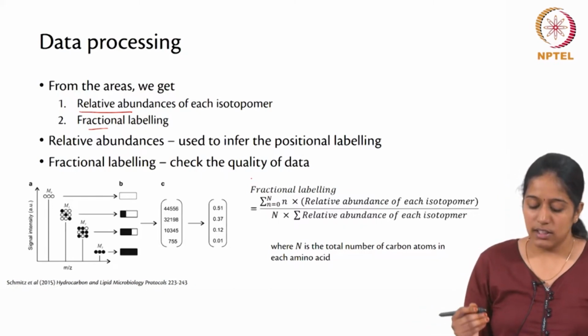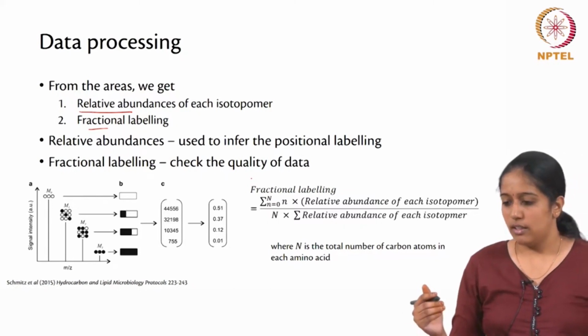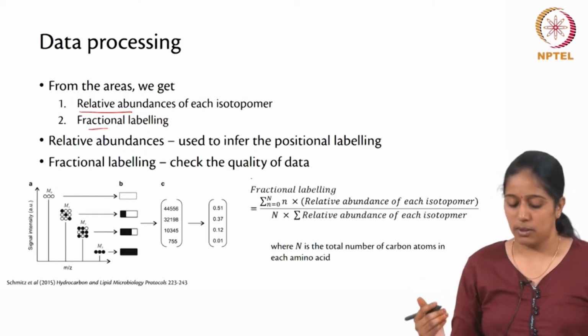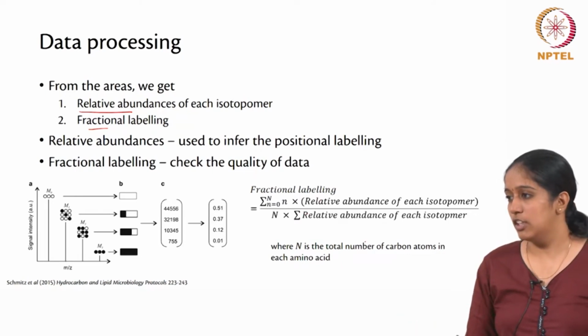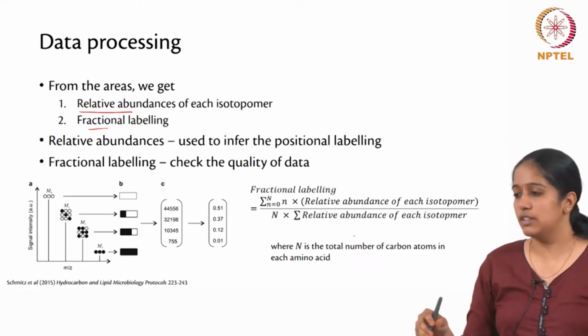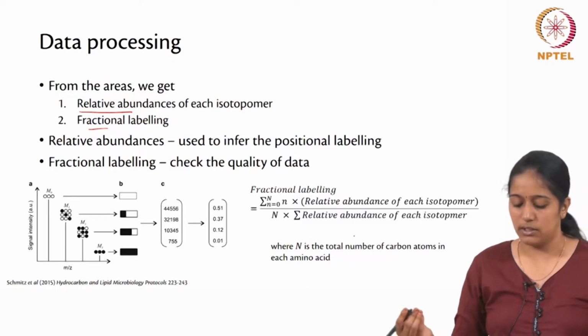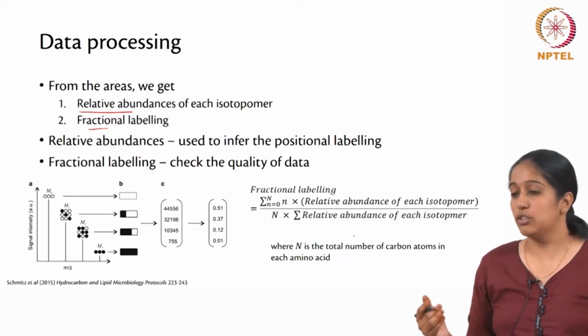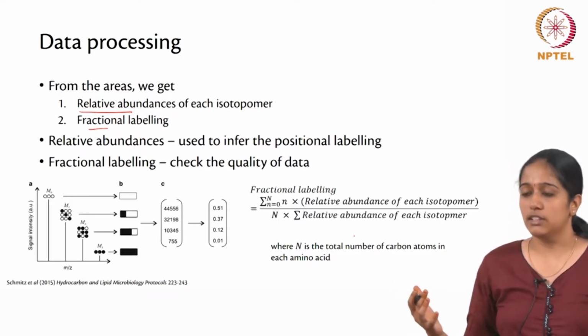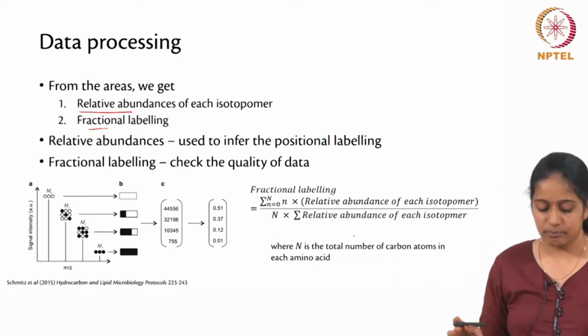Say for instance, you feed your experiments with 20% labeled glucose, the fractional labeling that I should observe should be 20%, of course with a standard deviation of plus or minus 0.5. It should not be 25 or 30, it means there is something wrong with the experiment.